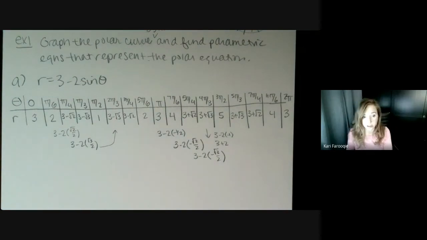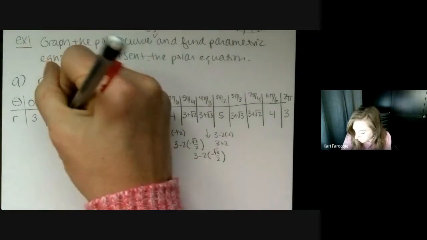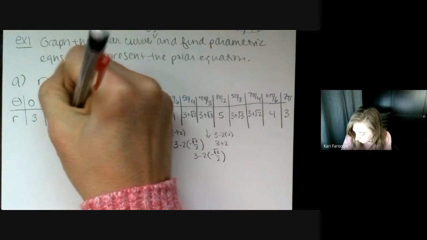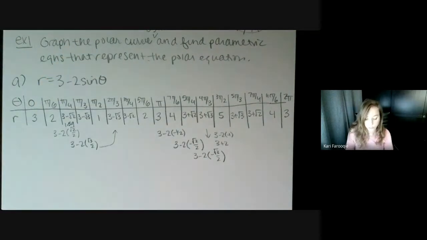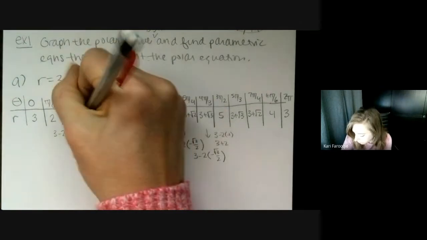All right, so let's get a couple of these decimal approximations that we need. One of them is 3 minus the square root of 2, which is approximately 1.59. 3 minus the square root of 3 is like 1.27.